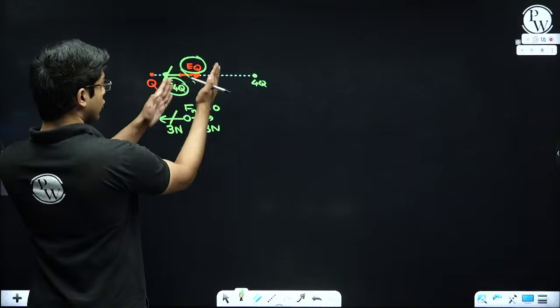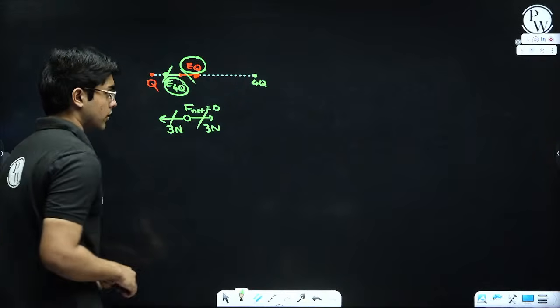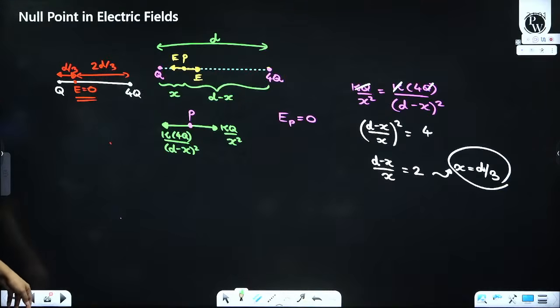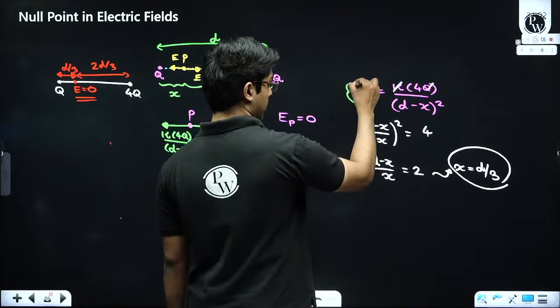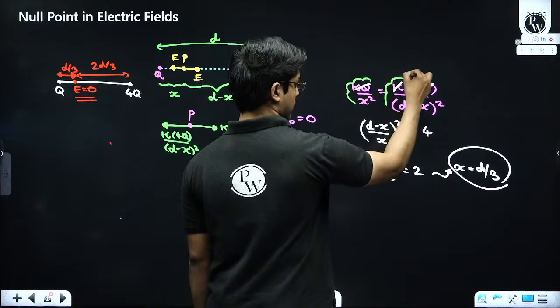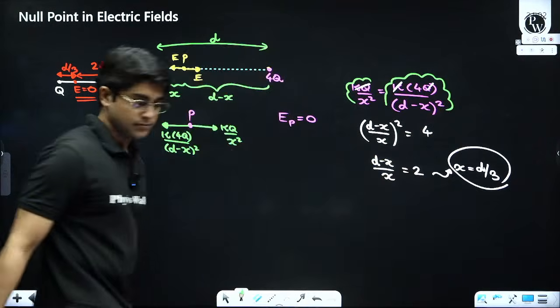Similarly, EQ and E4Q should balance each other out. So that's why I just equated their magnitudes.